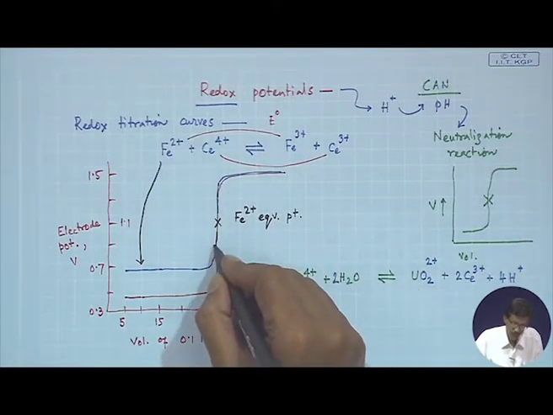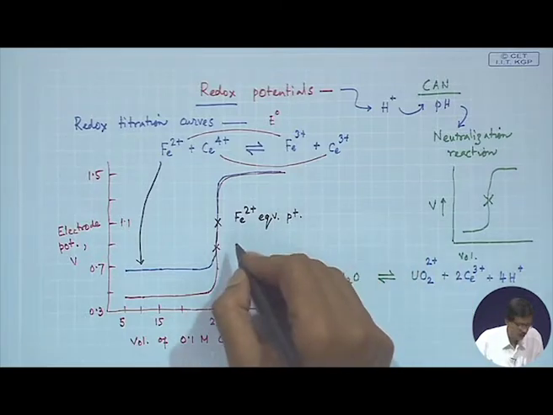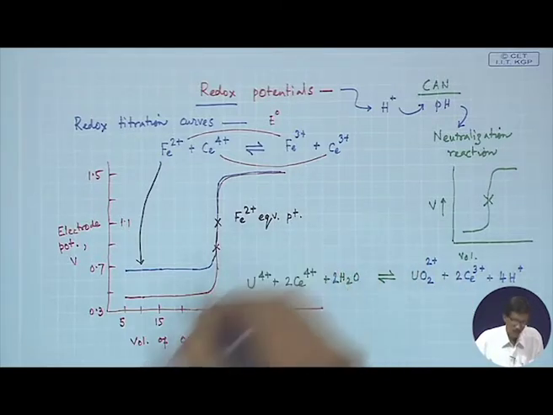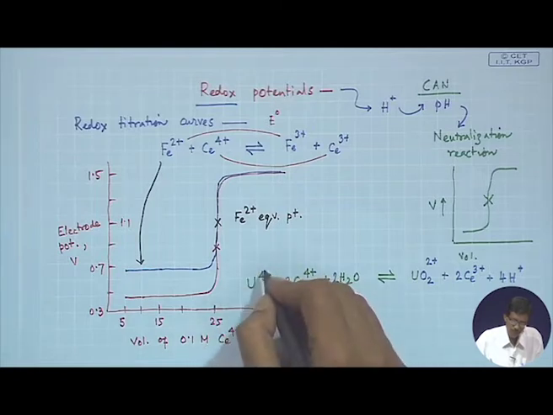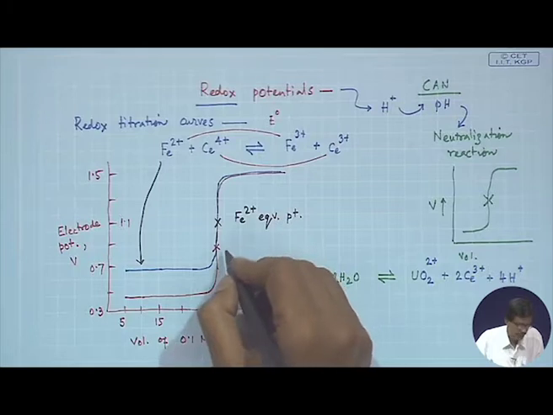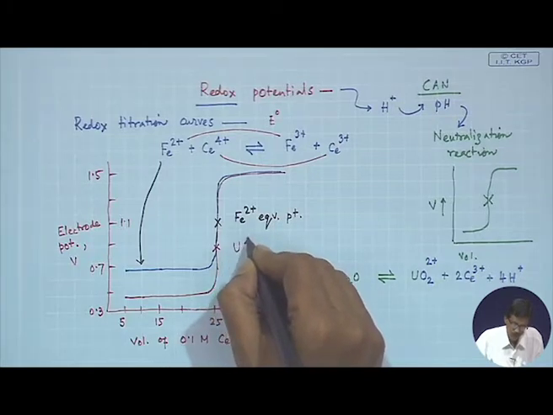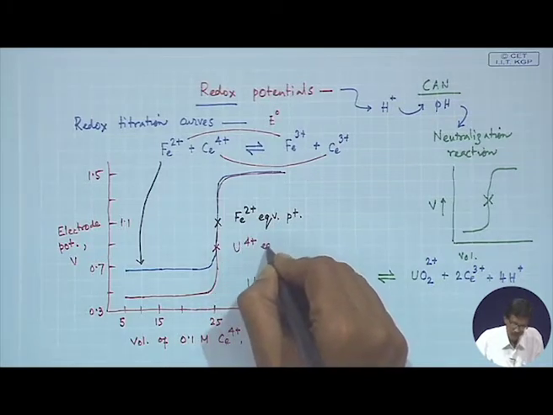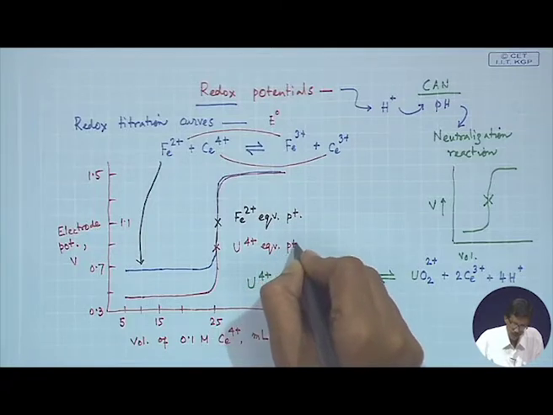So, here also you get a potential value for this. Obviously, you have the corresponding concentration in the same range, such that in the same volume range you get the end point. So, it will be your uranium 4+ equivalent point.